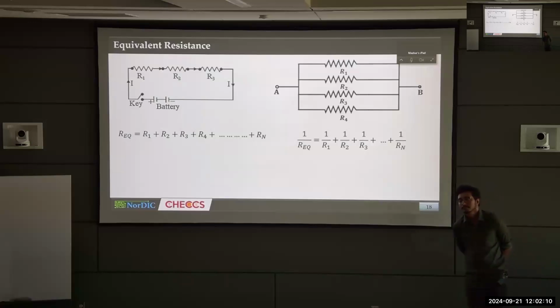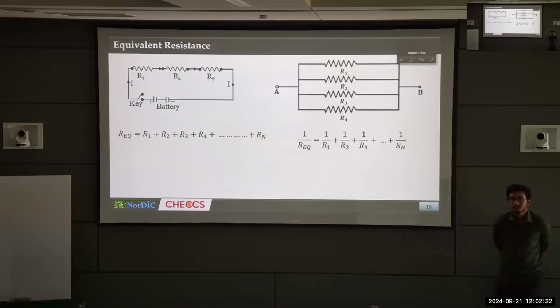The ones on the left all have the same current. The ones on the right have the same voltage. If you know the voltage and the resistance, you can calculate the current in each of those branches. So the bottom line is, if the resistors are connected in series, we just add the resistors.